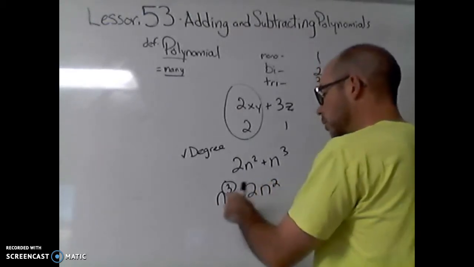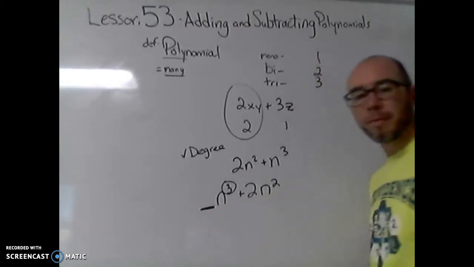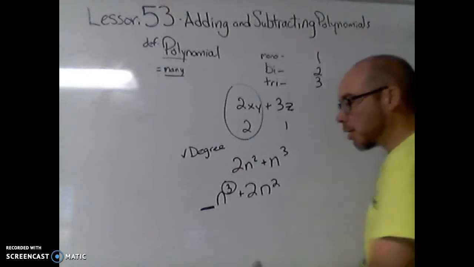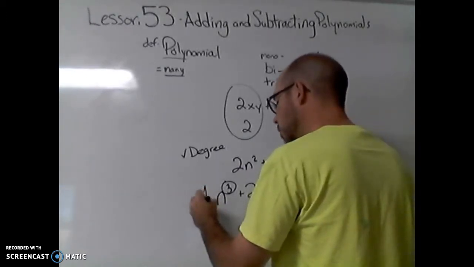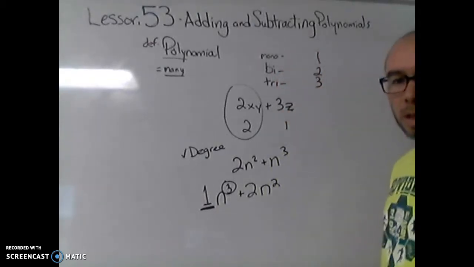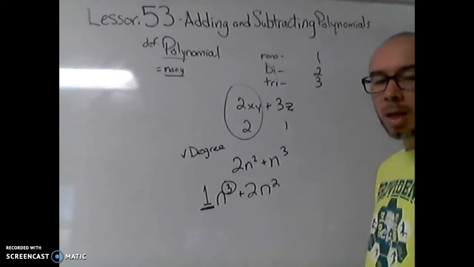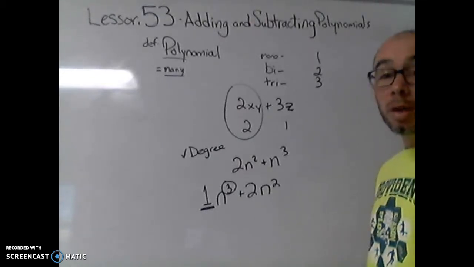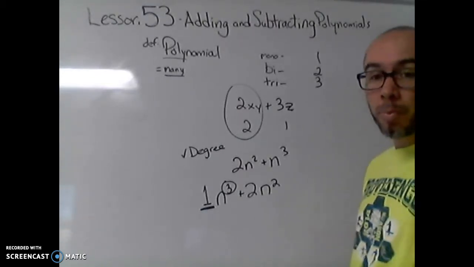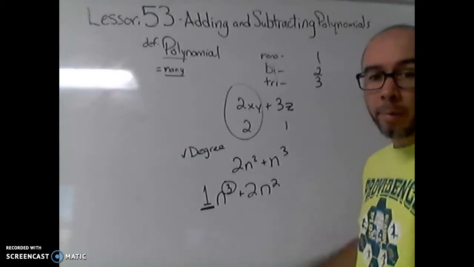Also want to say, once you've put everything in the right order, the biggest power first, we look at what's in the front. I already told you that x means 1x, so there's an understood 1 sitting in front of n cubed. If it was a 0, then there wouldn't be any n cubed because it involves multiplication here. That number up in the front is called the lead or leading coefficient, and it's going to play into polynomials quite a bit as we go through more math.